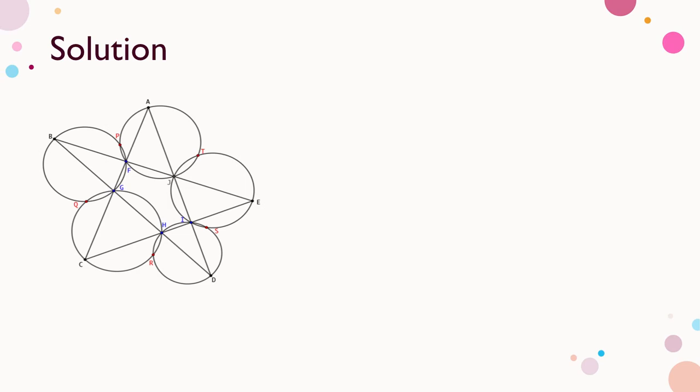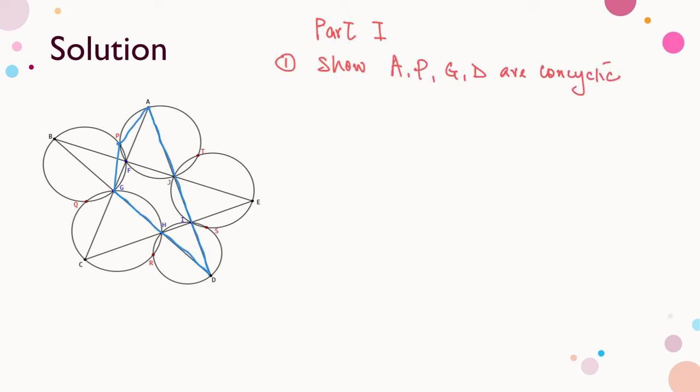There are 2 main parts in the solution. The first part is to lay a foundation for the second part. In the first part, we first show that 4 points A, P, G, D are concyclic. For the cyclic quadrilateral APFJ, angle PAJ, that is angle PAD, equals angle PFB.